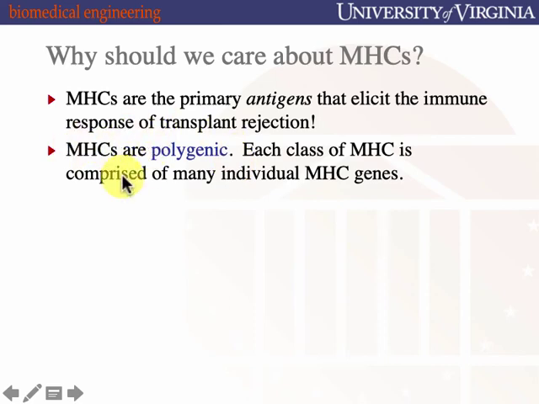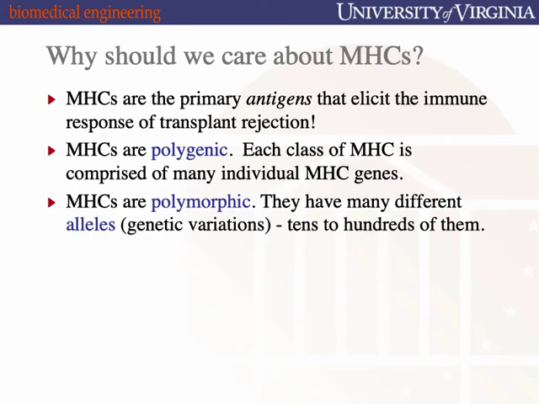So MHCs are actually polygenic. We call them class 1 and class 2, but they both come from many, many genes. It's around a dozen different genes that all generate different MHC1s and MHC2s. Okay? So it doesn't come from just one gene.